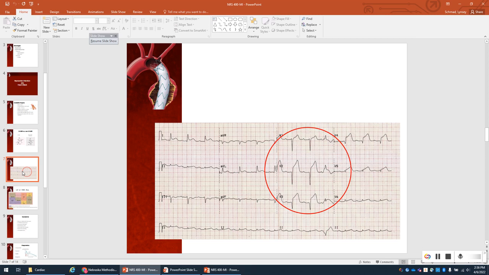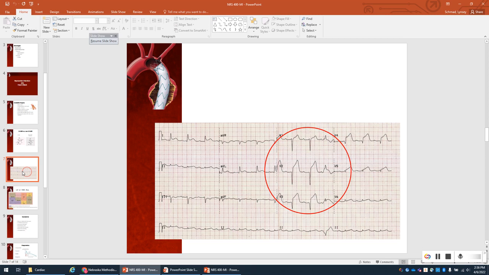If the patient is having a STEMI, the lead that shows the ST elevation can help determine which artery is occluded. We'll look at this on the next slide a little bit more closely. But leads with the ST elevation in V1 through V4, present in this picture, indicate an anterior wall infarction, left main coronary artery.